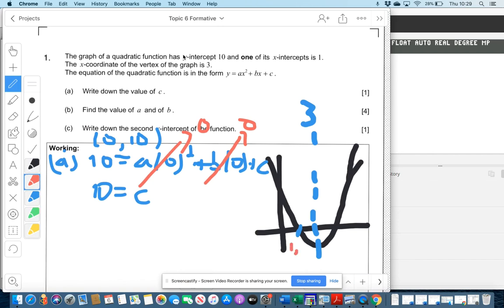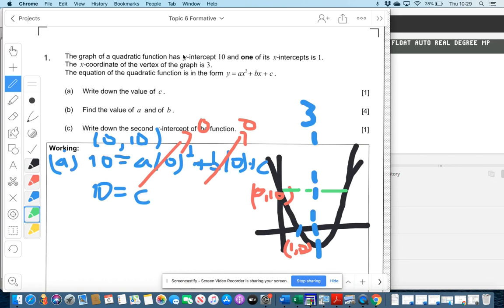So by symmetry, I know that I can go across and measure this distance to the axis of symmetry, and it's going to be the same distance on the other side.